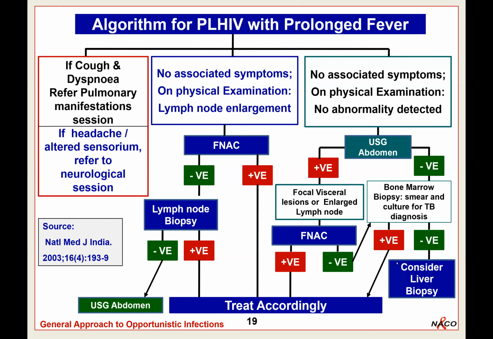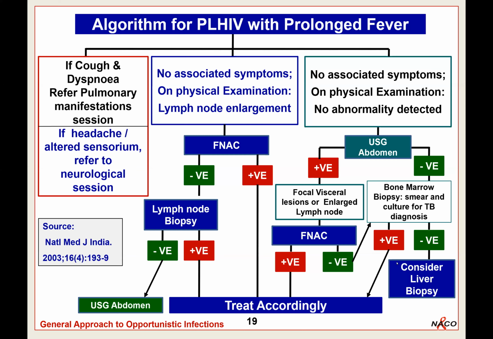So we end up treating those patients as abdominal TB. But ideally, those patients should be reviewed after some time for clinical improvement like weight gain. If not, then other diagnoses need to be considered. And if we don't get anything on the ultrasound abdomen, then we may go for bone marrow biopsy to diagnose the cause of fever in such patients.